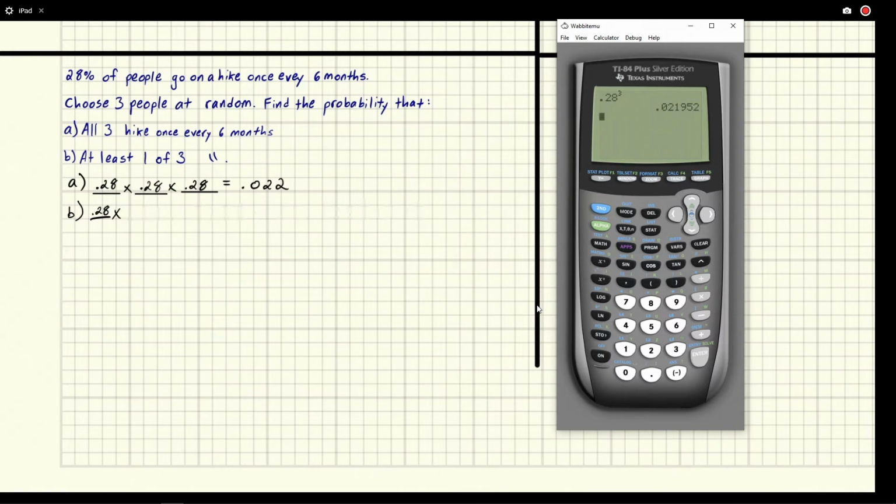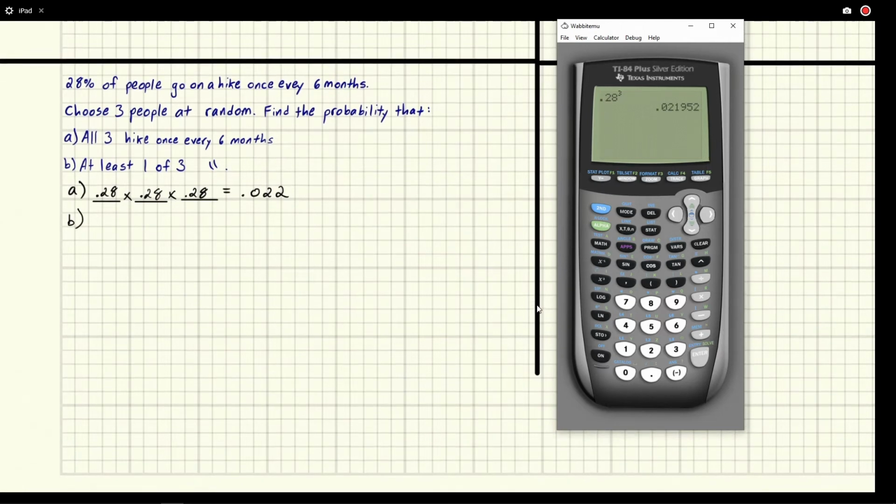There is a really nifty way of doing it called the complement. If we say at least one, what's the opposite of at least one? It's kind of a weird thing to think of an opposite for that, but what is the one condition that at least one doesn't include? That's a better way of saying it.